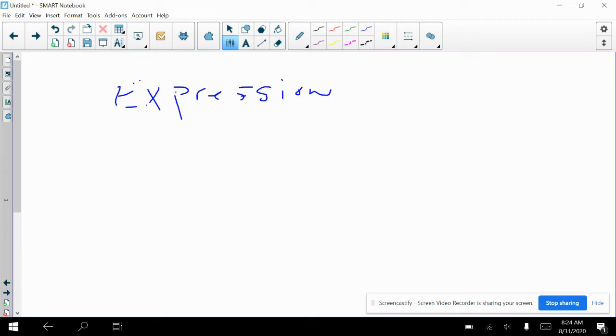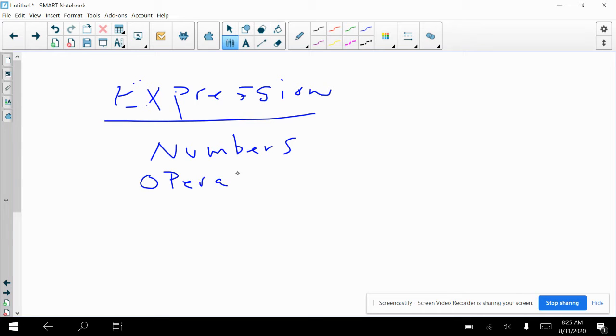An expression is simply made up of numbers and operational symbols.